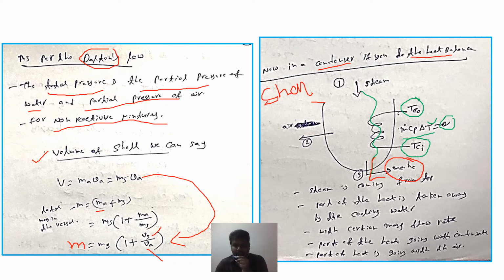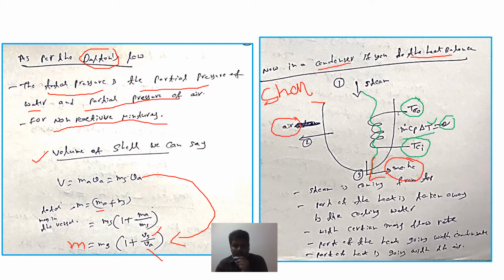And also, as we know, some amount of air is dissolved in the steam. When steam condenses, the air will be liberated from the steam. That we already discussed in the last class. So when we take the air out from the condenser, this air also will take some amount of heat.